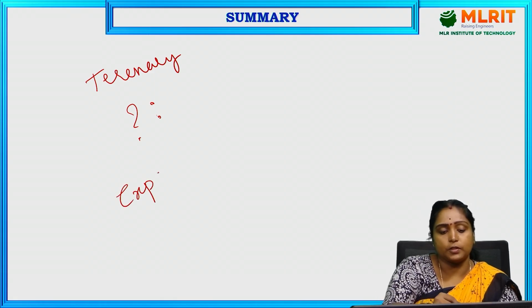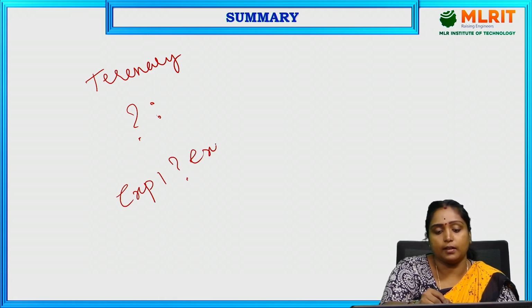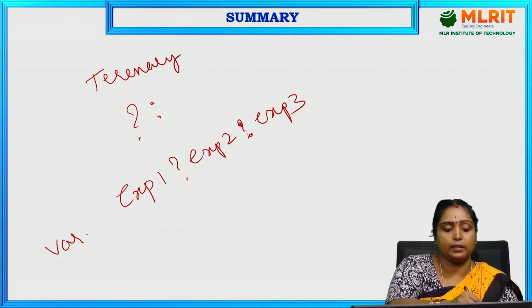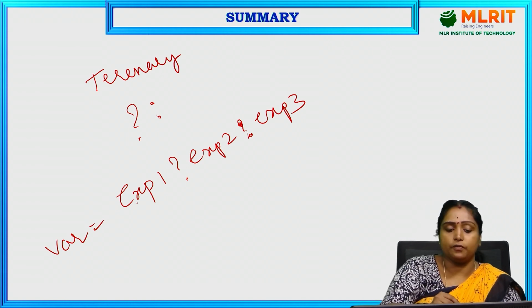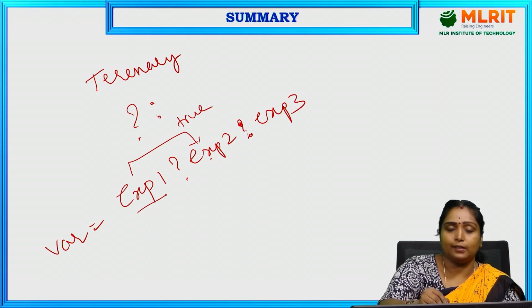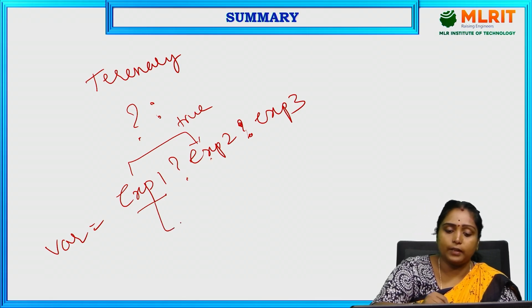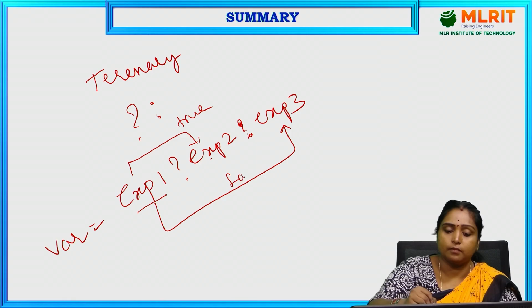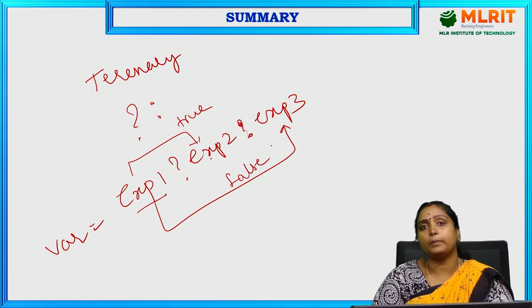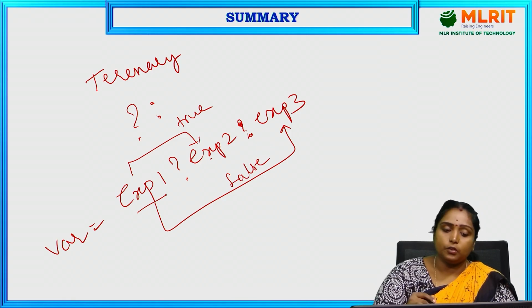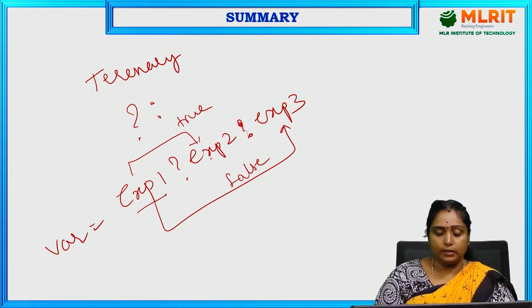Expression 1, expression 2, expression 3. You can save the result in some variable also. If the first expression is true, then expression 2 will be saved in the variable, or if the expression is false, then expression 3 will be saved in the variable. This is the example program we have seen.